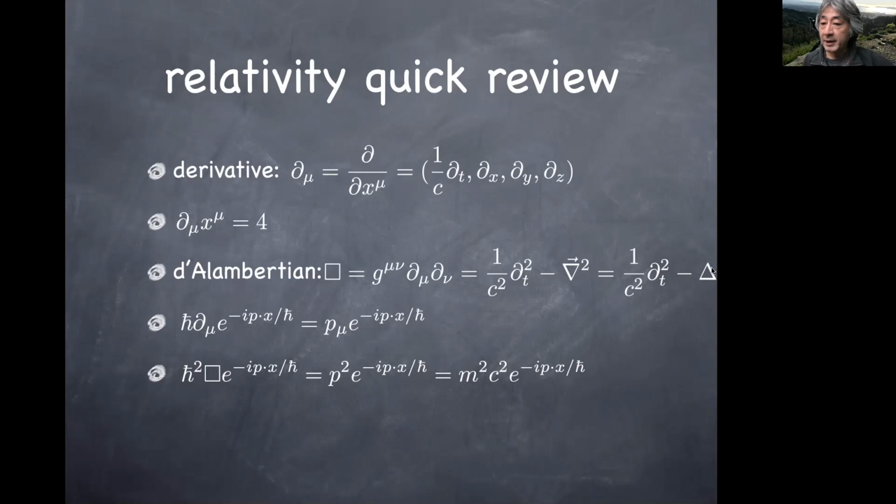The Laplacian is the triangle because you have 3 coordinates, x, y, and z. The d'Alembertian is a box with 4 corners because we're talking about 4-dimensional space-time. So the d'Alembertian is the generalization of the Laplacian in 3-dimensional space to 4-dimensional space-time. But you have to be careful about this minus sign between time and space. So the d'Alembertian is supposed to be Lorentz invariant.